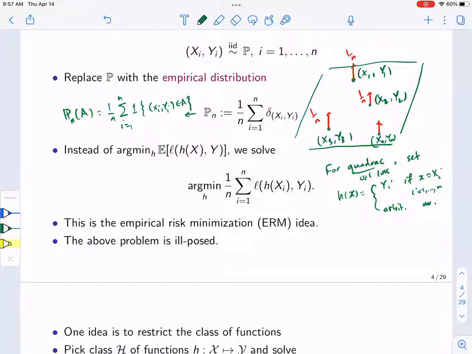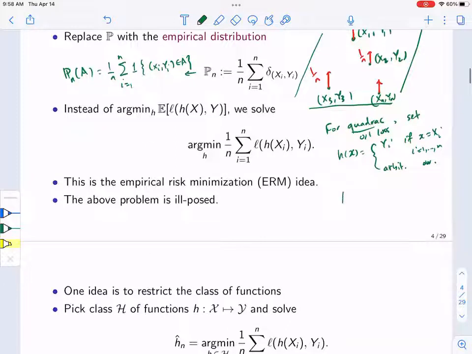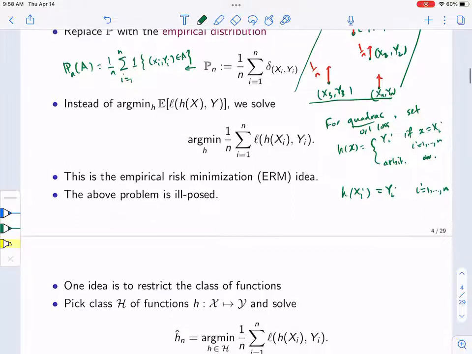This is an example of what is called overfitting. So you have overfitted to the training data. You perfectly reconstruct the training data, but oftentimes when you do this, usually you're not going to do well on future tests.